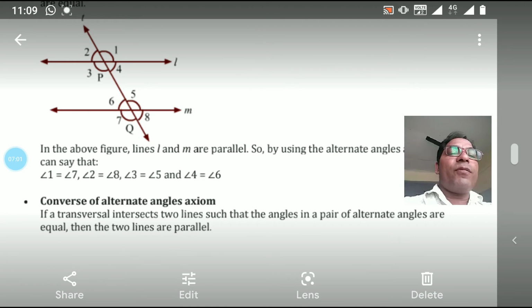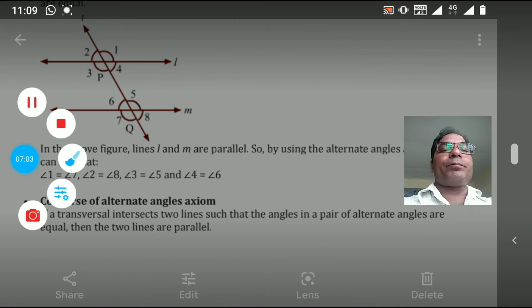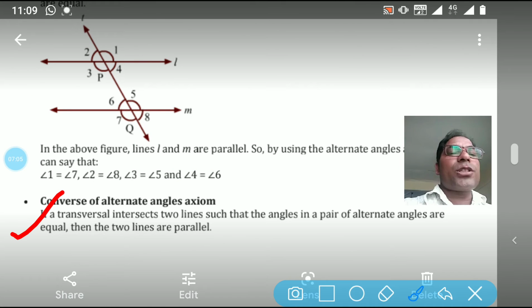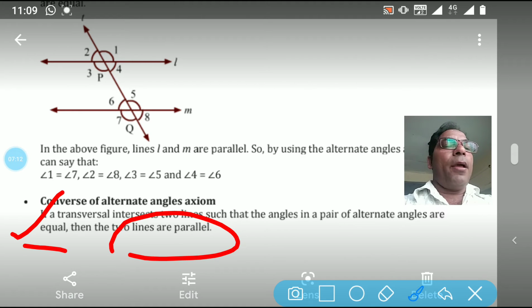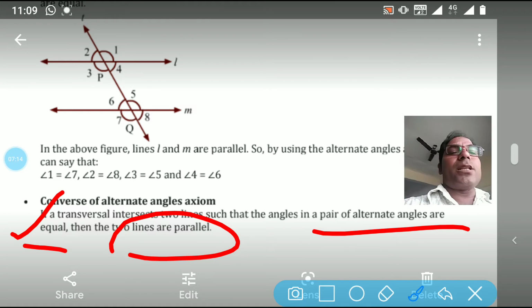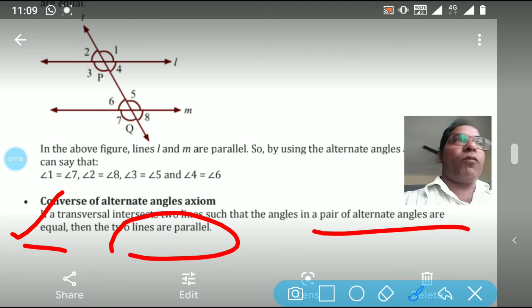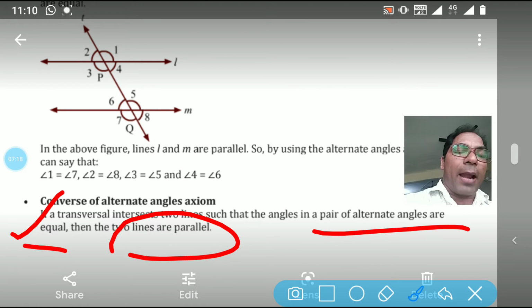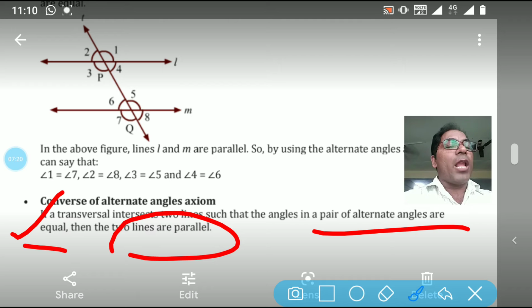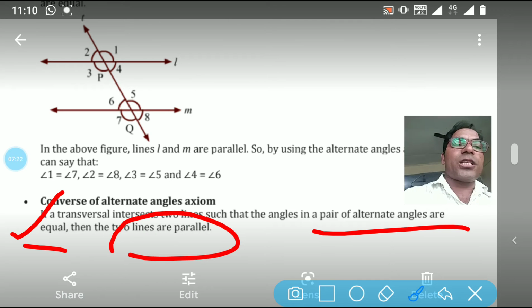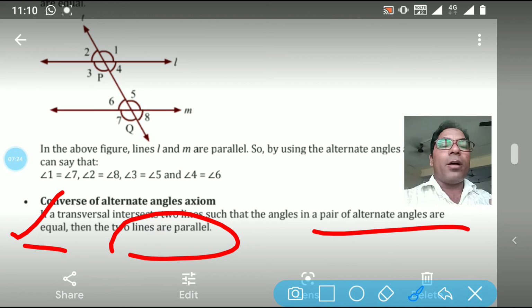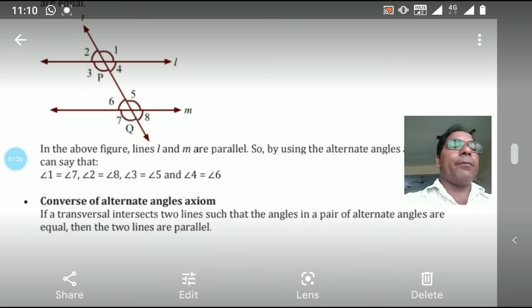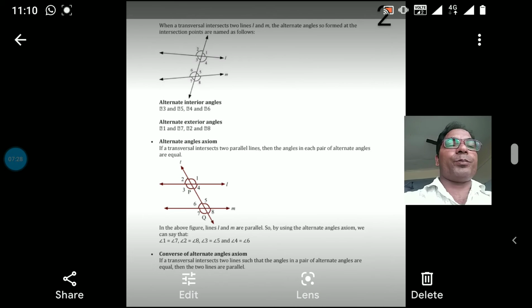It is given: if a transversal intersects two lines such that a pair of alternate angles are equal, then the two lines are parallel. So this pattern is vice versa. If the lines are parallel, then alternate angles will be equal, and if alternate angles are equal, then the lines will be parallel.